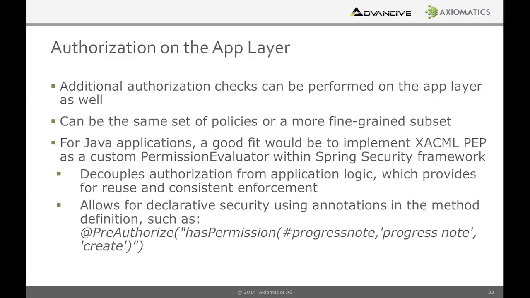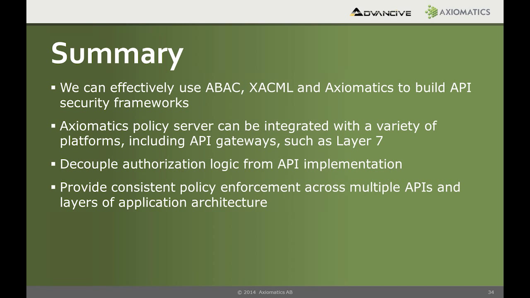Okay, so with that, I'm going to go to the summary. I think what we want to reinforce from what we talked about today is that we can effectively use ABAC, XACML, and Axiomatics to build API security frameworks. We can integrate Axiomatics Policy Server with a variety of different platforms, including API gateways such as Layer 7.